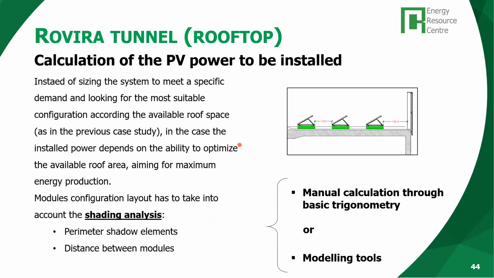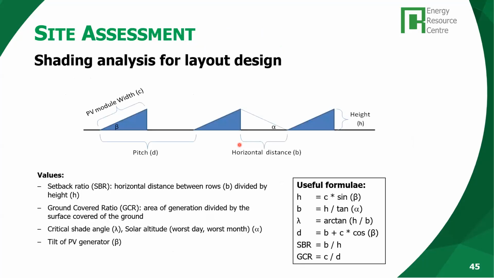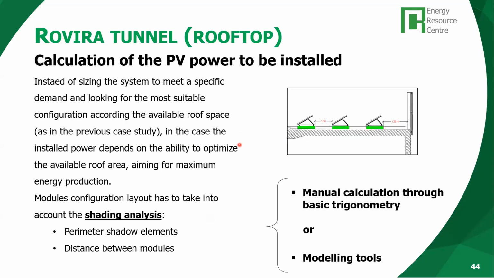We had a first proposal of modules on the surface, but the client told us, no, we want more power, and we had to recalculate to take more advantage of the space.